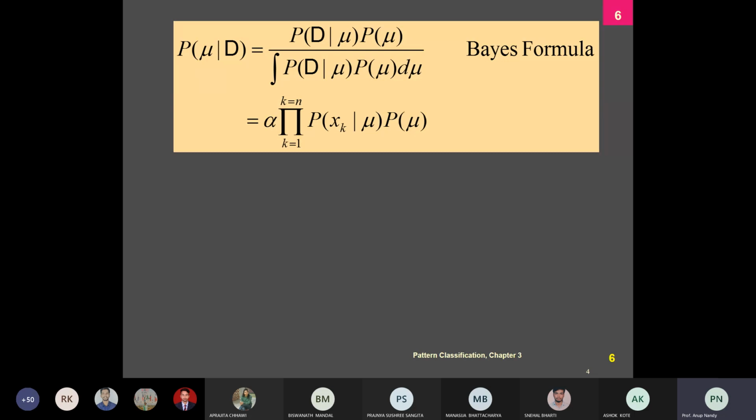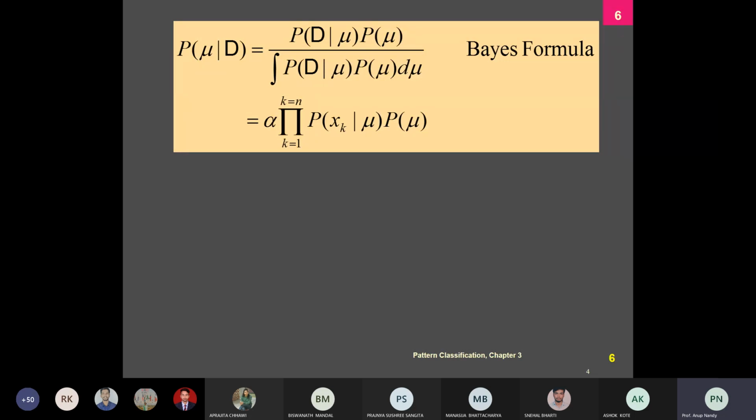So this alpha is a normalization factor that depends on D, but it is independent of mu. Please remember this.